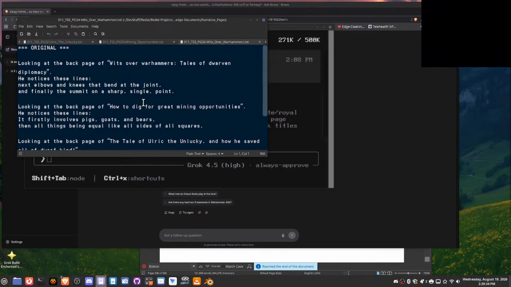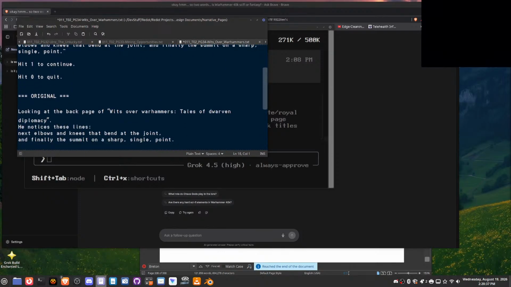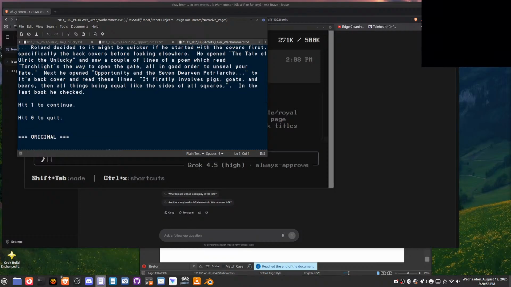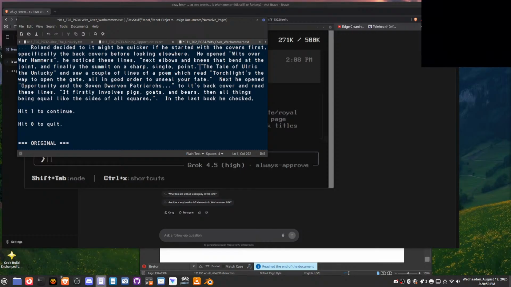Control tab. It's over Warhammers. Control X. He opened Wits over Warhammers and noticed these lines. Control X.